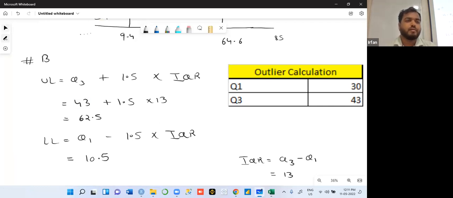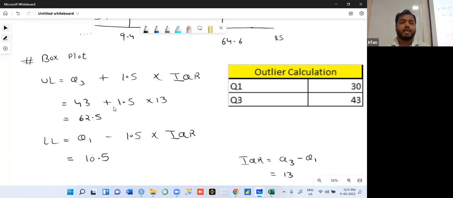Which technique is this? Box plot. Guys, I'm combining all three in one line now. First, I combine skewness. From skewness we go to empirical rule. Now, from empirical rule, we are coming to box plot.